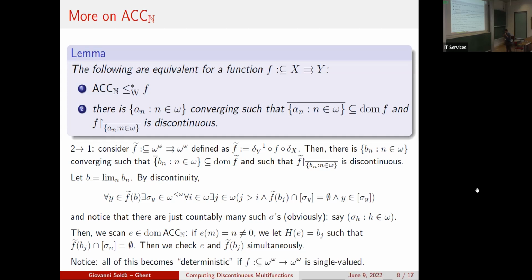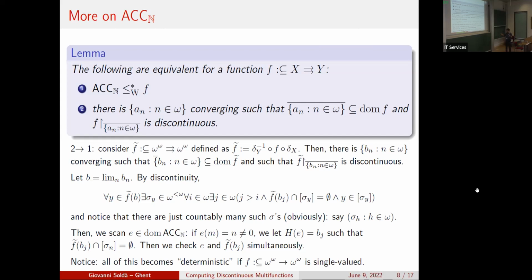Okay, so this is in a certain sense a bit chaotic, but we are trying to figure out what happens in the case that Weihrauch was examining. What does this all mean if we just have a function?